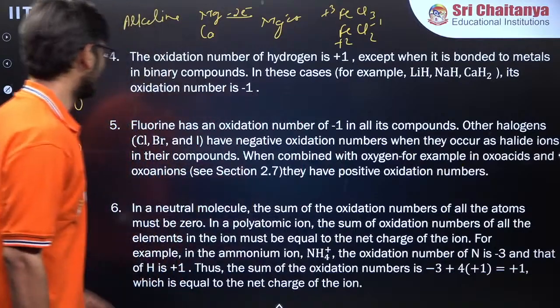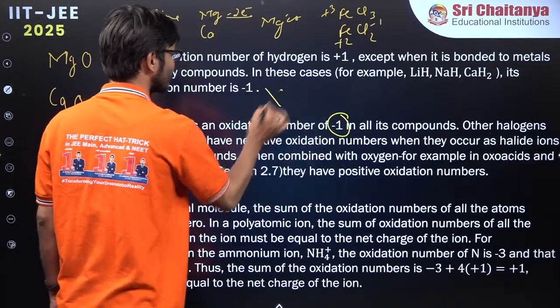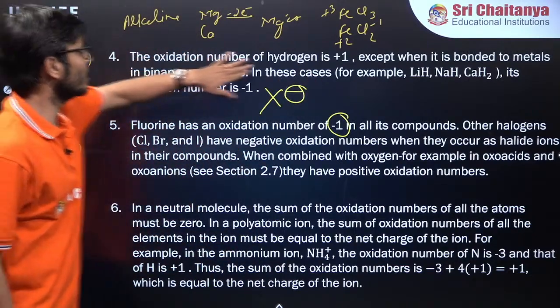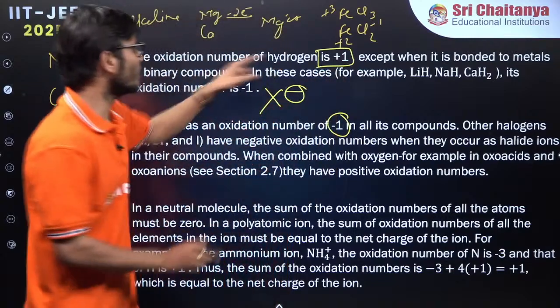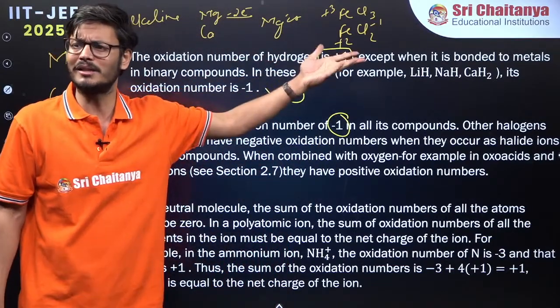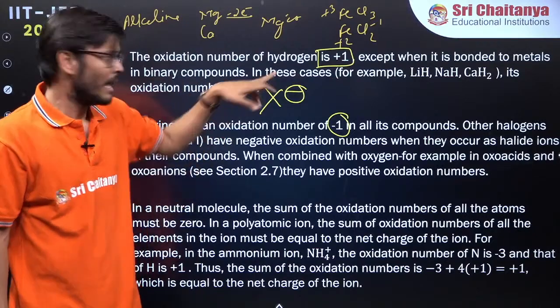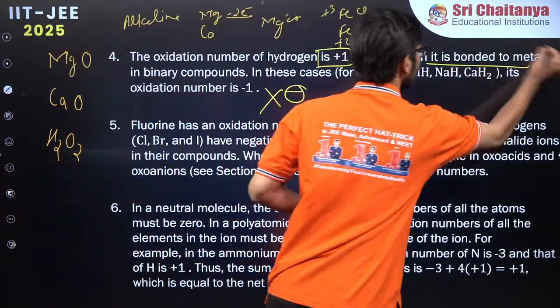So what is the next rule? Fluorine has an oxidation number of -1. So all the halides will have oxidation number -1. See, rule number 4: the oxidation number of hydrogen is +1. This rule you have to memorize. If you understand the logic, no need to memorize. It is all for those who don't understand the logic. So hydrogen oxidation number is generally +1, except when it is bonded with metals.